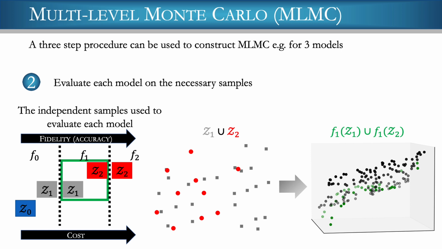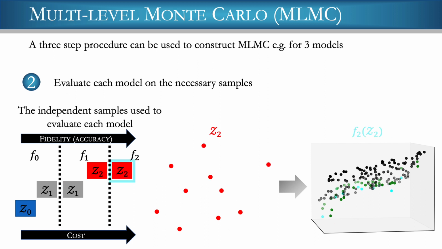Similarly, F1 is evaluated at the grey and red samples Z1 and Z2 to produce the values in green on the far right. All models are evaluated on exactly two sets, except the highest fidelity model, which is only evaluated on the last set, in this example, the set Z2 in red. The values of F2 on these samples are shown in cyan in the right figure.